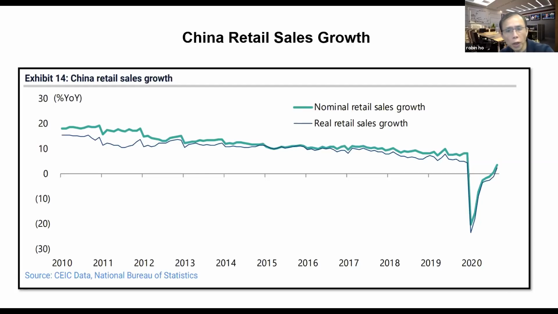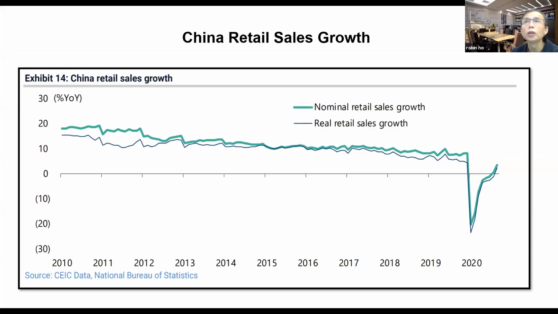So you could see that the Chinese are recovering ahead of everybody. They're very, very close now to even pre-COVID levels, their retail sales growth, pre-COVID levels. So the Chinese data, you could see the GDP data, the PMI data, they are all improving. So the Chinese are getting back to shape.